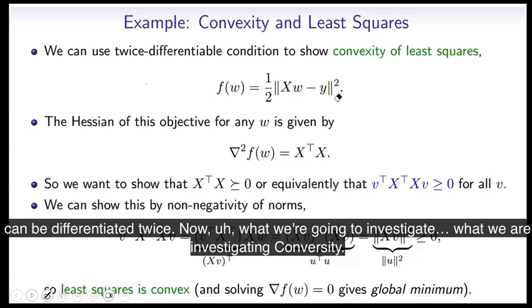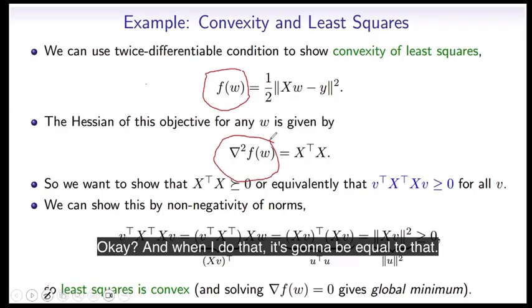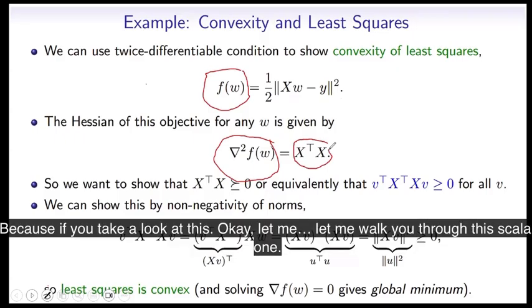Now, what we're going to investigate when we are investigating convexity is, as I have this f of w, I will differentiate it a second time. I will differentiate the first time, then the second time, and when I do that, it's going to be equal to that. Let me walk you through the scalar one.